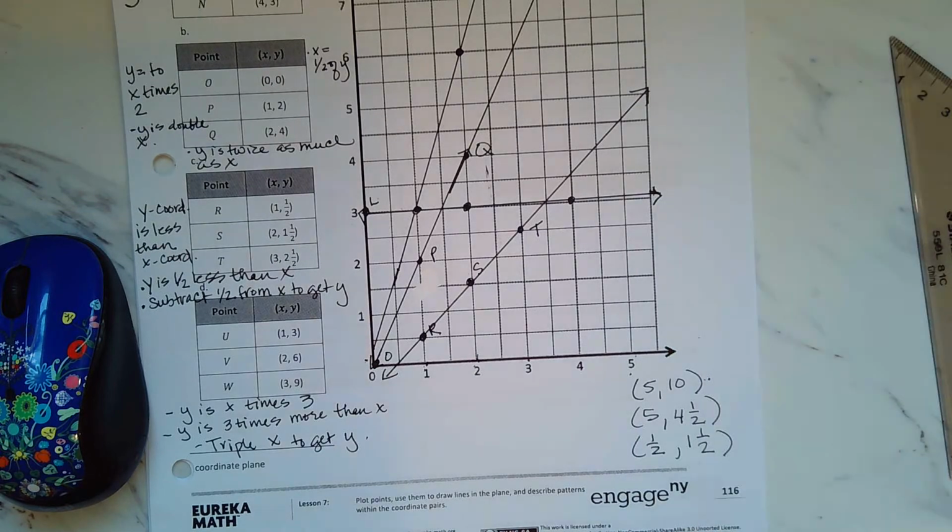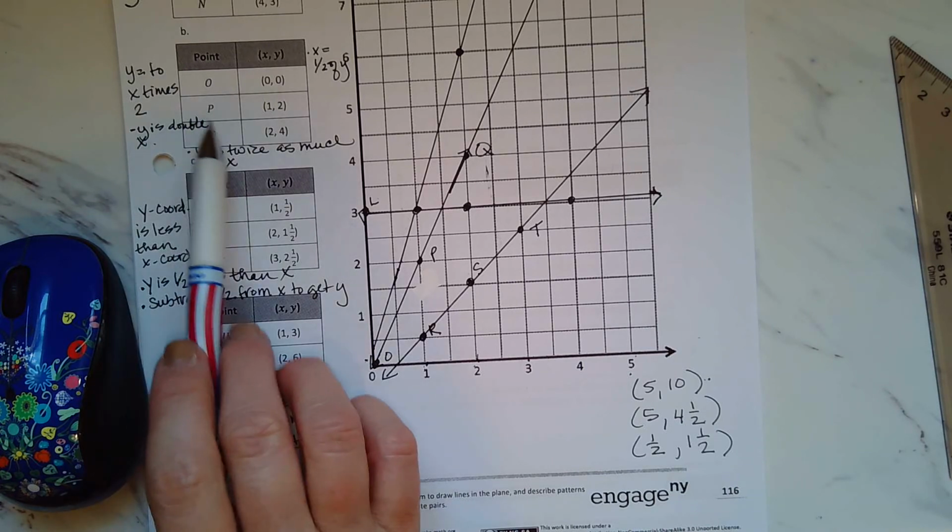Now, why do you think 5, 10 would be on that line right there? Well, x times 2, right? That would go with the x times 2.